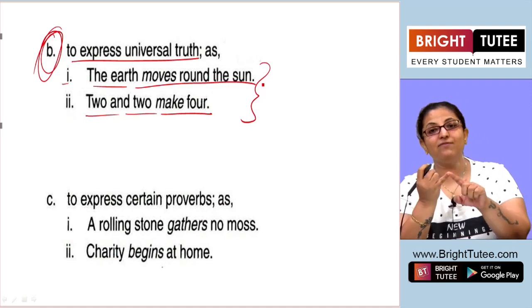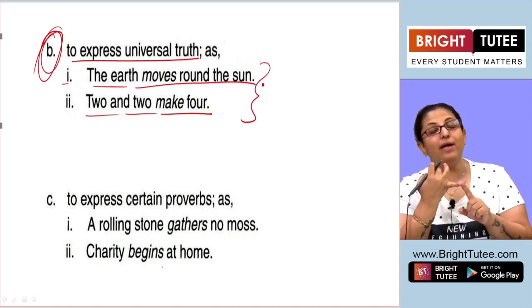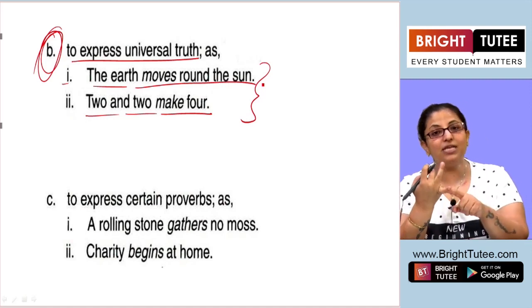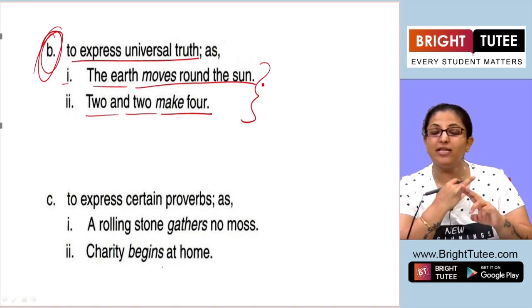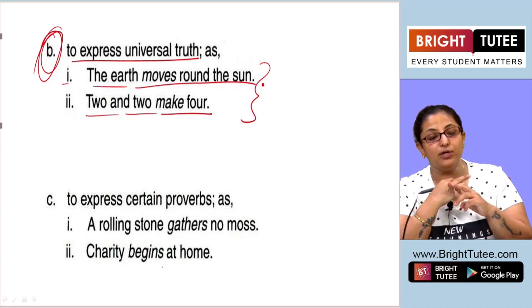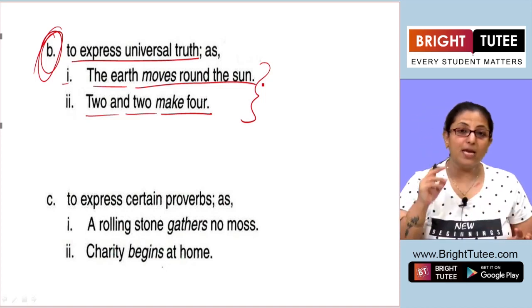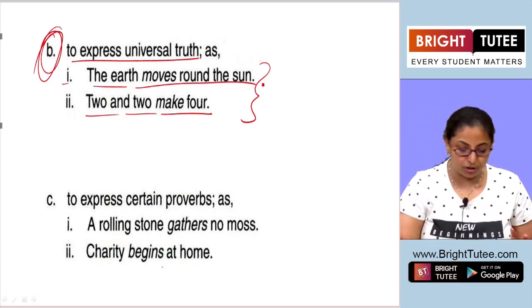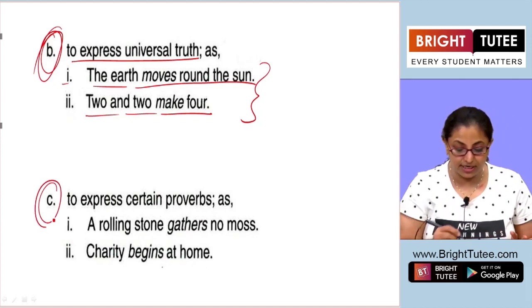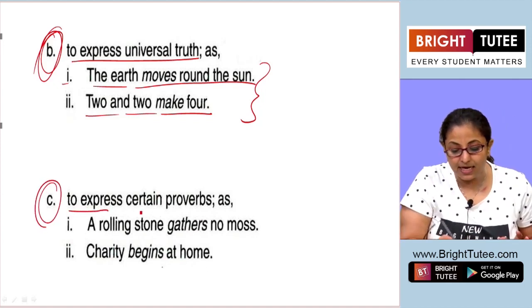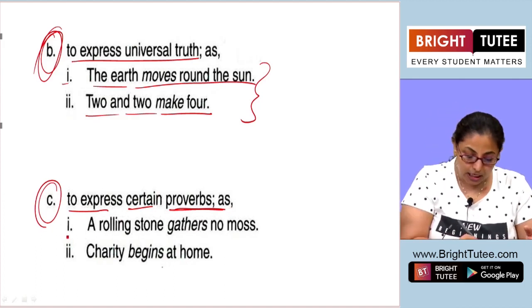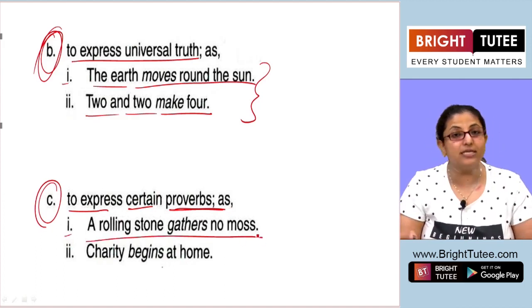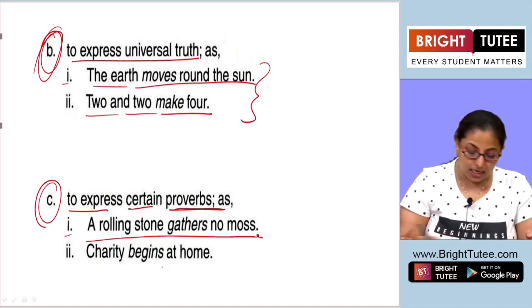But first is when we talk about habits or habitual actions. Second is when we're talking about universal truths. So these two are the conditions where we use simple present tense. Now let's see the other condition. The other condition is to express certain proverbs, as in, a rolling stone gathers no moss.